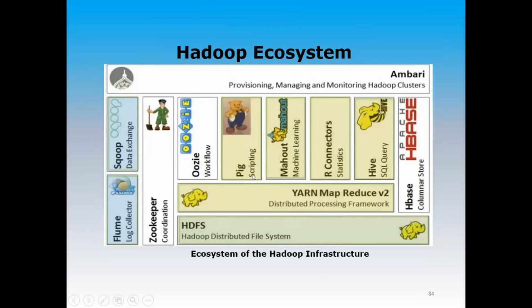Then there is MapReduce, which is how you can optimize the load in the cloud. Then there's Hive, which is for any kind of SQL-like query. Then you have Oozie, which is for workflow management, and Zookeeper. So that's the complete Hadoop ecosystem, the very important tools used for managing and storing your data in your big data environment.